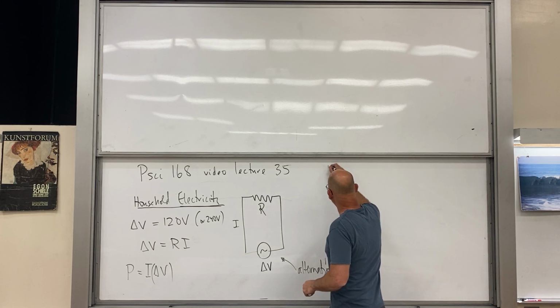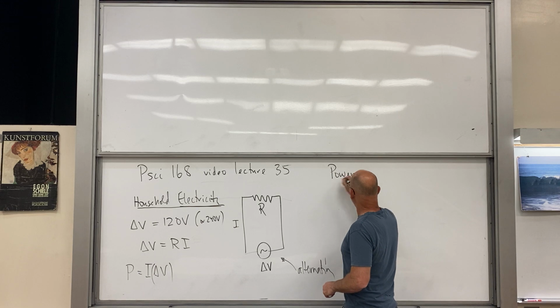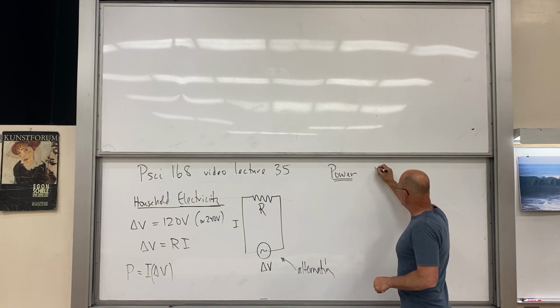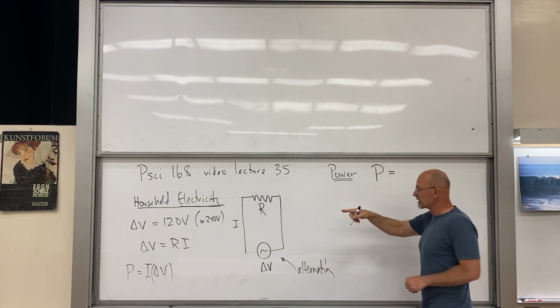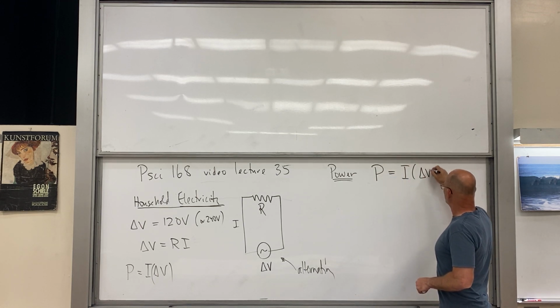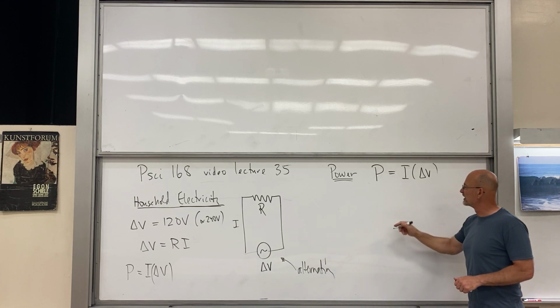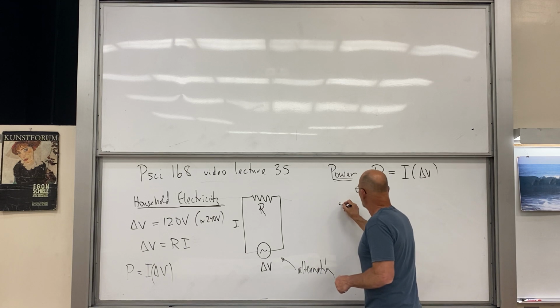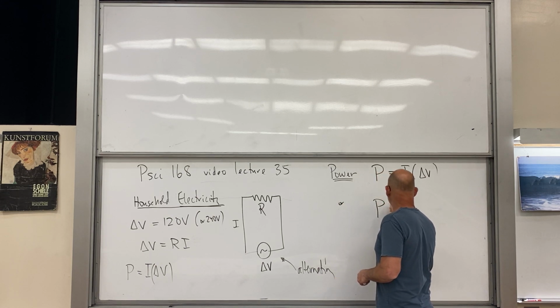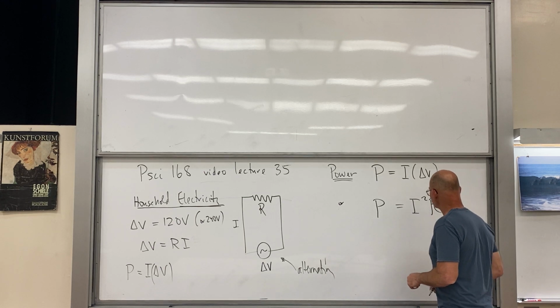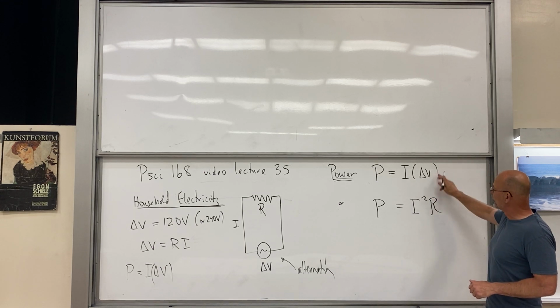So for the power formula, I'm going to write it in these three different ways. First of all, the original definition, I times delta V: watts, amps, volts. Or P equals I squared R. And these are equivalent in a way.